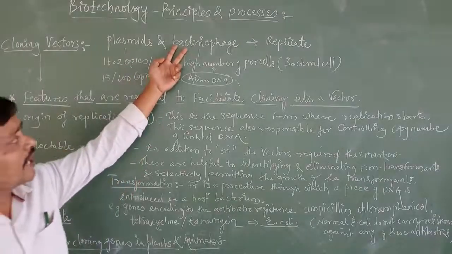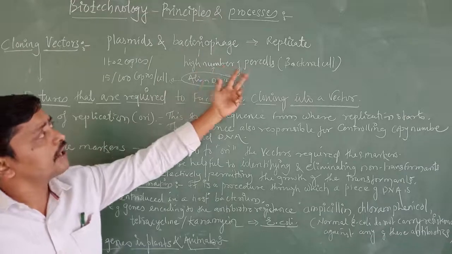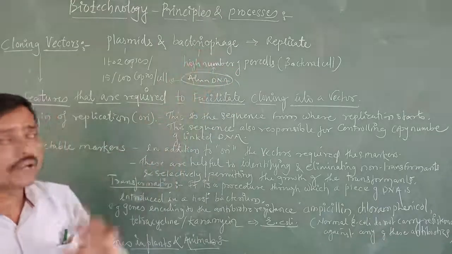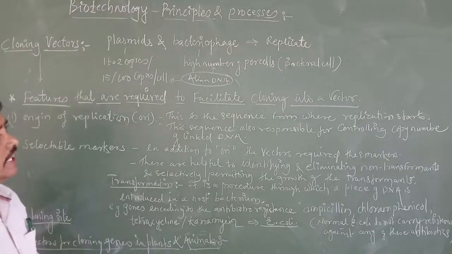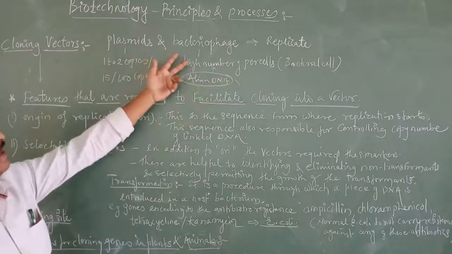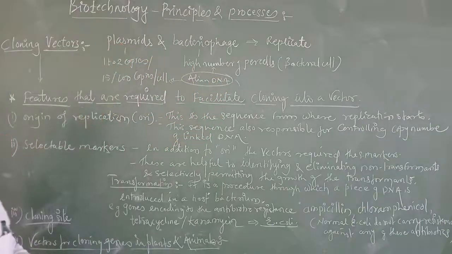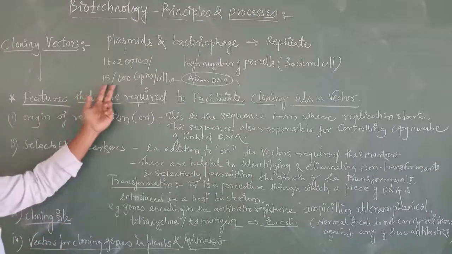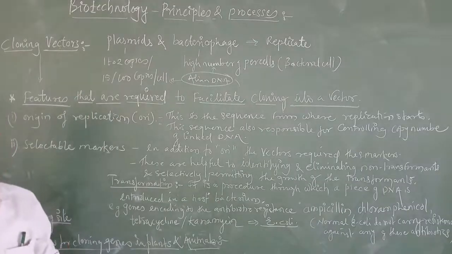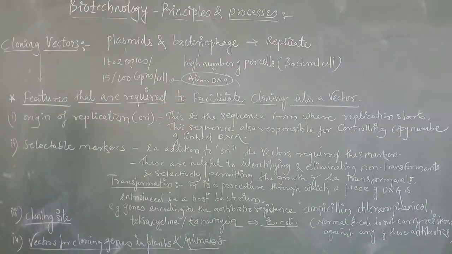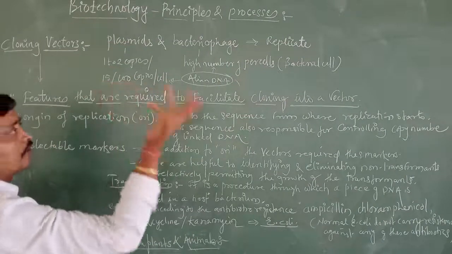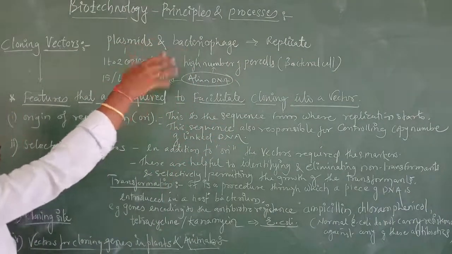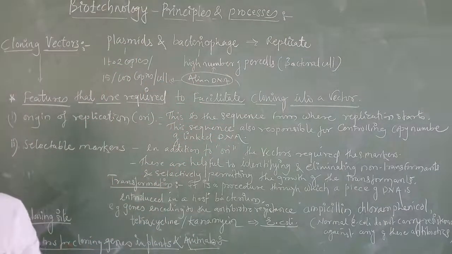Bacteriophages are present in high numbers in a bacterial cell. As compared to the bacteriophage, plasmids are few, one to two copies in a bacterium, or sometimes 15 to 100 copies per cell. Plasmids are found in bacteria, and bacteriophages are also found in a bacterial cell.